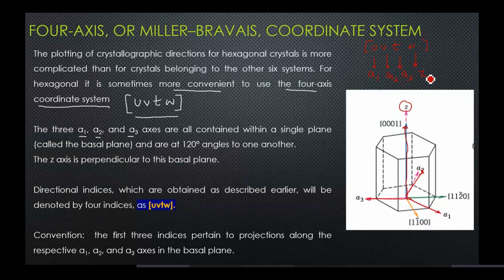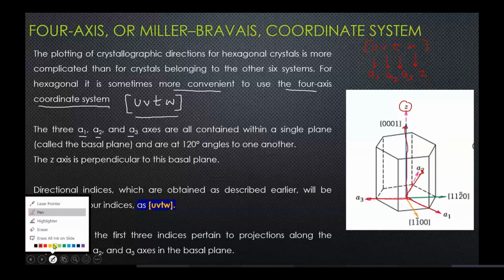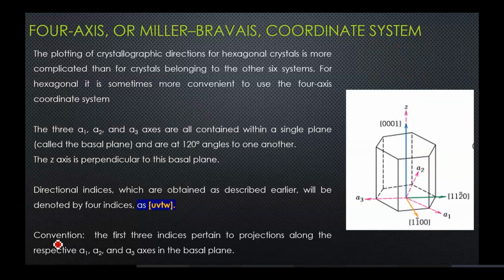Yes, sir. All right. Now, this is one convention that is being used. For example, let's say I have this direction. This is my origin, and I have this direction shown starting from the origin, going till the end of the hexagon. Now, in order to define this direction, I have U, V, T, and W, which is A1, A2, A3, and Z movement.